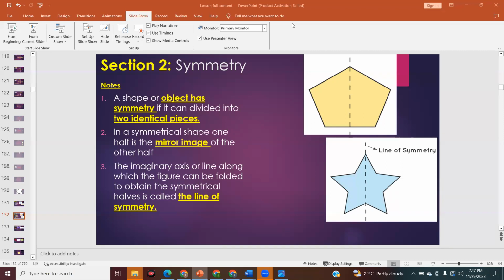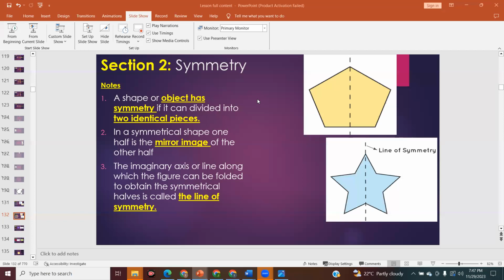You don't know? It's right there on the screen. What do we mean when we say an object has symmetry? The first point. Oh, it means it can be divided into two identical pieces. Very good. It could be divided into two identical pieces. So the two parts are the same.